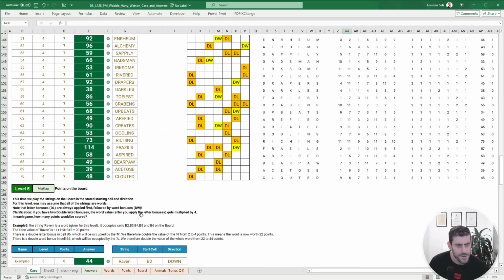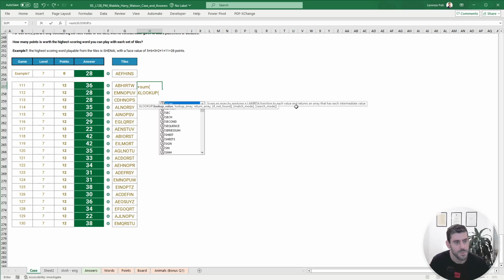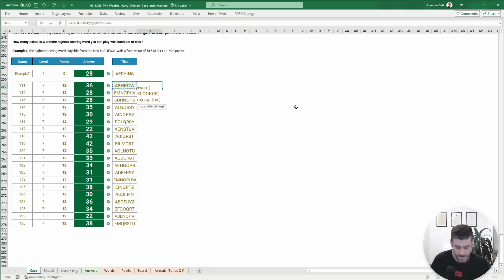I think this would be computationally heavy. If I maximize, if I do the sum of XLOOKUP of split of this into letters and then points.